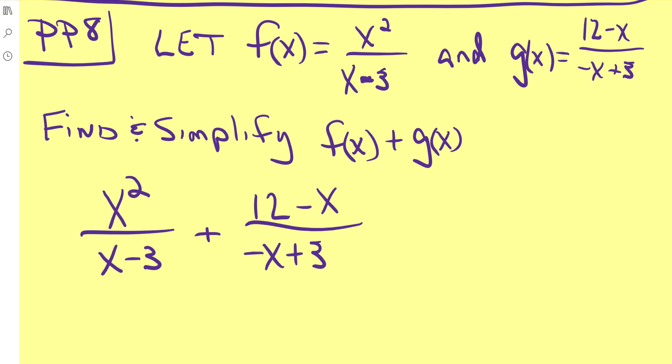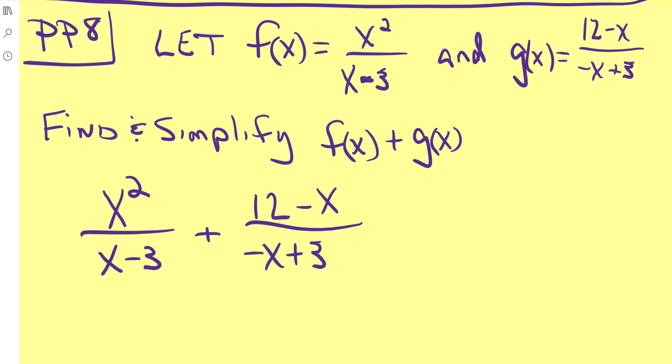You could flip that around and write that as 3 minus x if you wanted to, but we want to get these to be the same again. So here I've got x minus 3, and this is negative x plus 3. So let's see, what can I do here?